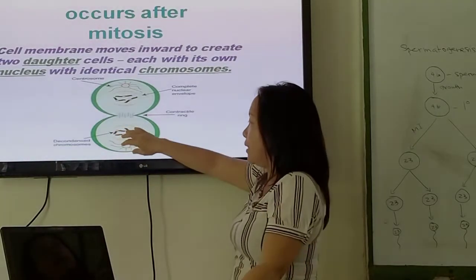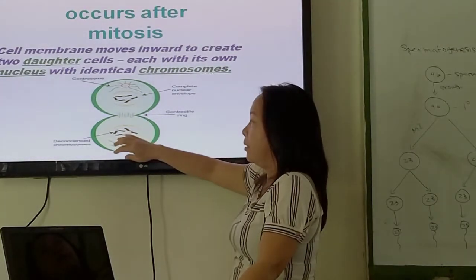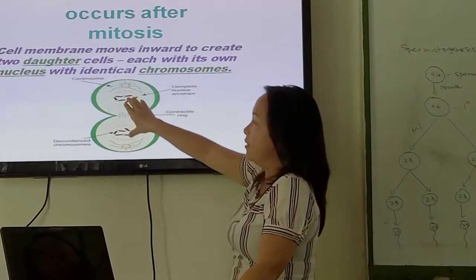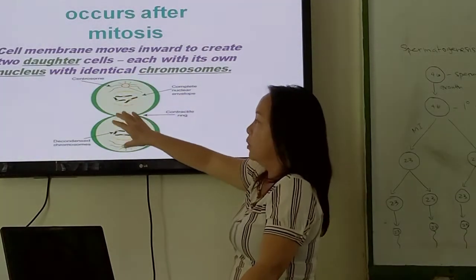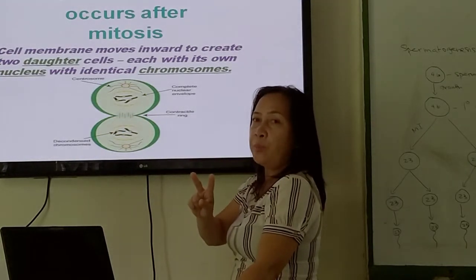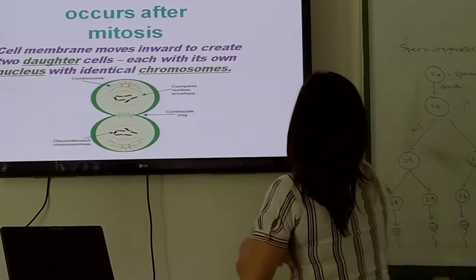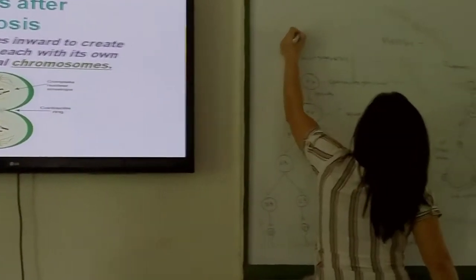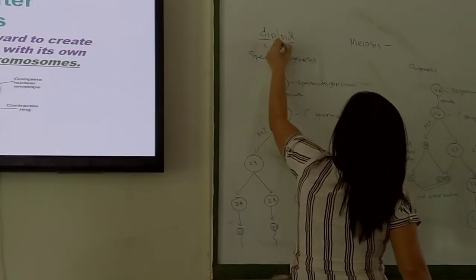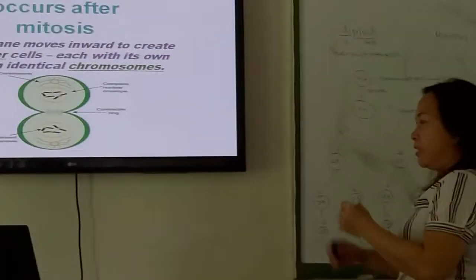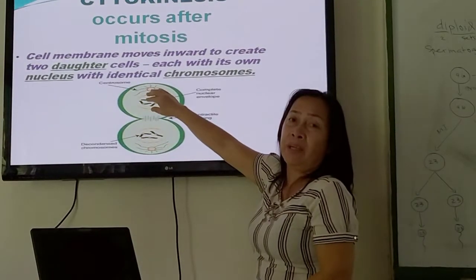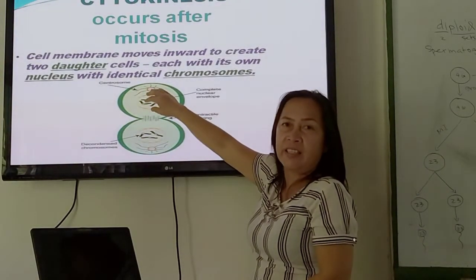So, how many chromosomes are found in one of the cells? After cytokinesis is completed, towards the end of the telophase, there are two cells formed, which are said to be diploid. Still 46, but single-stranded.